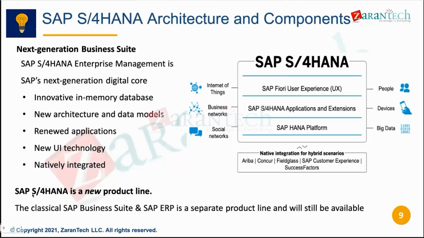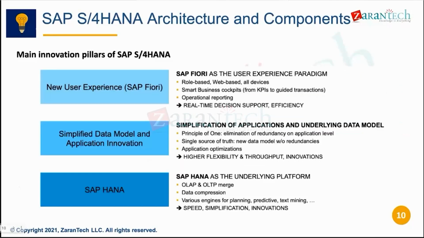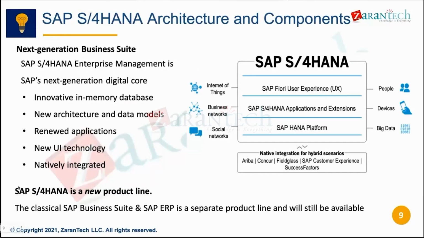Okay. And one more important thing, as I said, SAP S4HANA is a new product line. The classical Business Suite and SAP ERP is a separate product line. As I told you, they cannot simply upgrade the ERP from 6.0 to 7.0 because early ERP was a row store. And how do you make it a column store with this HANA database?